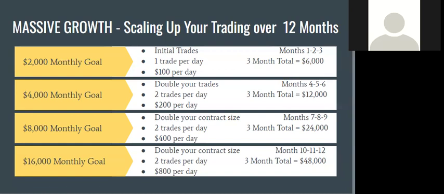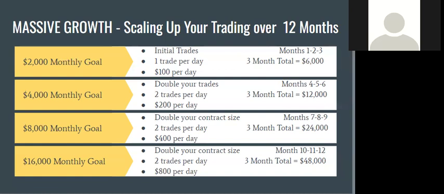You should have a cushion in there now. And with that cushion now, you're just going to double your contract size again. We are still only looking for 2 trades per day at that same tick size. That's it. You're not looking for a further move. And this is trading your base trade.